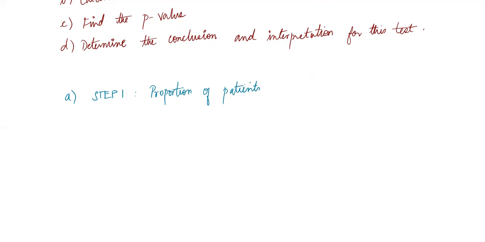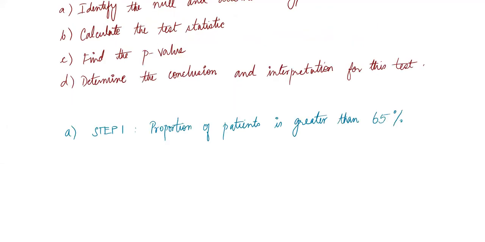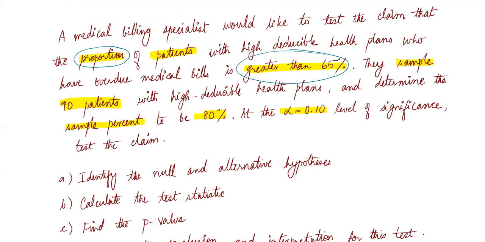These are the patients with the high deductible medical plan, and who have overdue bills. So proportion of such patients is greater than 65%. That is the claim. Step 1 writes the claim in words.